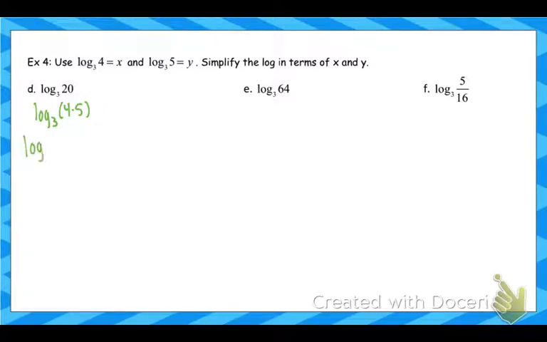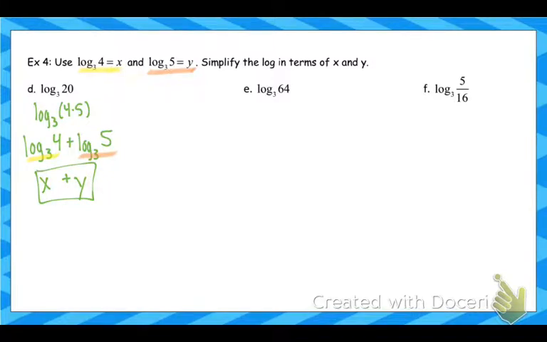Multiplication in the argument can separate into addition of logs. So now I can replace: log base 3 of 4 is x, log base 3 of 5 is y. So this whole expression simplifies to x plus y.